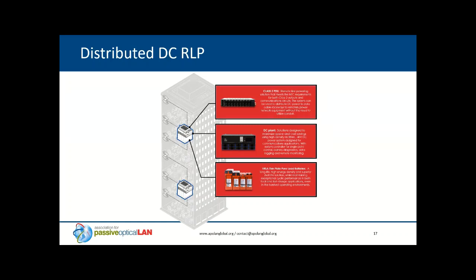Again, a benefit when you have high quantities of ONTs and distances where you necessarily don't want to home run all these runs back to a main head end, freeing up a little bit more pathway to use multiple power locations. In this example you can see here, we've got a power system every 3 floors. Or in the case of the zone, you could say every zone location, I would have a power system.